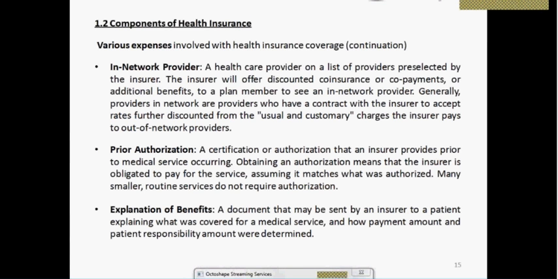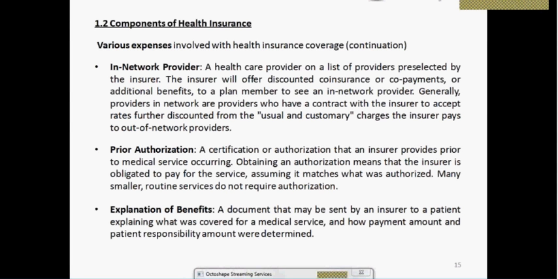They form a network, and if any physician who is practicing is within this network, then there is a certain amount of coverage. If he's outside of the network and you go and see him, then your coverage is not as per the agreement, and hence you will end up paying more co-insurance and co-payments. So it's important that you know your in-network and out-of-network providers.